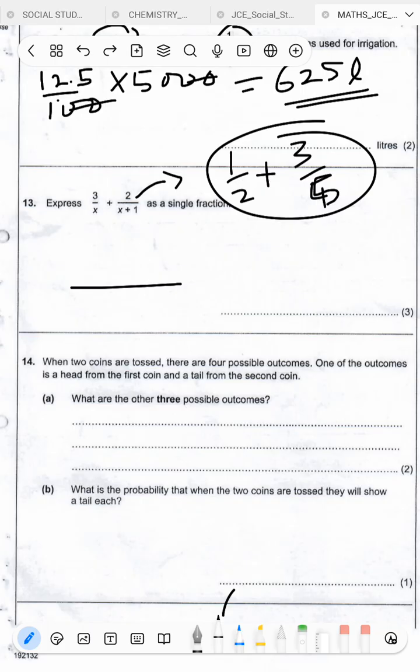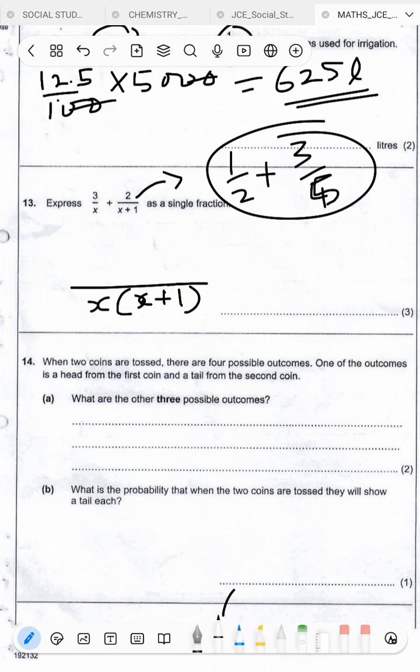In this instance there isn't really a common one, so what you do is you take both of them, multiplying each other as your common denominator. So you just go like x bracket x plus 1. That is going to be the common denominator there. All right, and then we start doing the working.